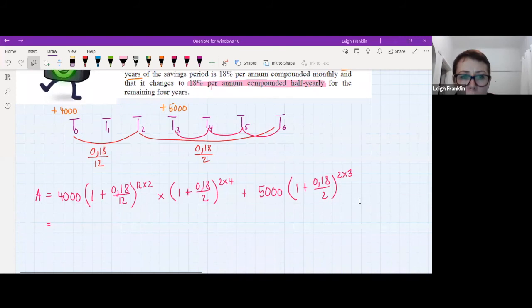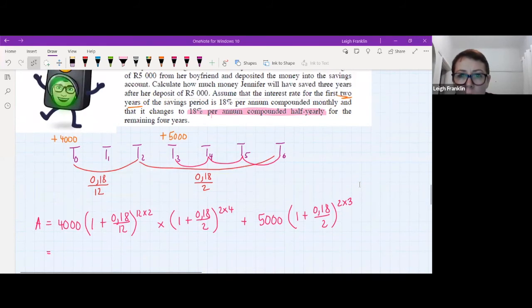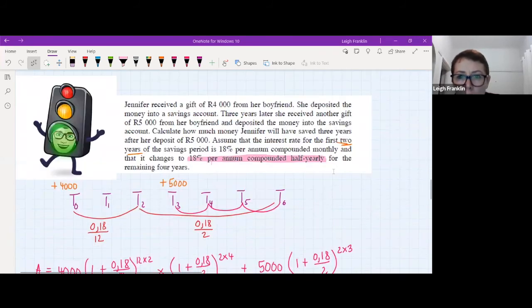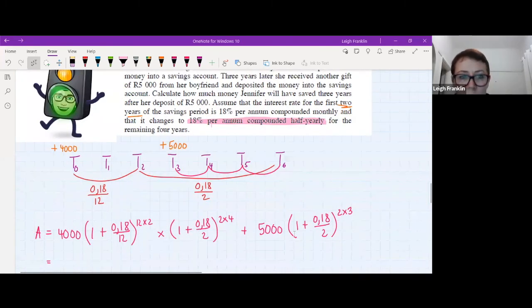Didn't they say in the remaining 4 years? Okay, so 3 years later, she receives another gift of 5,000 Rand from her boyfriend and deposited the money into the savings account. Calculate how much money Jennifer will have saved 3 years after her deposit of 5,000. Does that make sense? Why it's 3? I see. No problem.